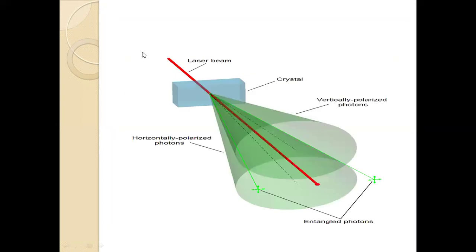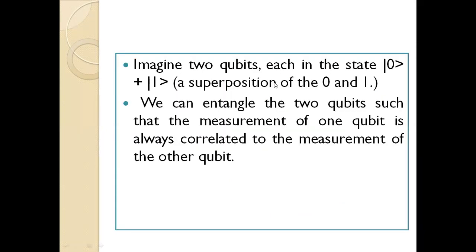So look at this picture. You can easily see the laser beam, crystal, vertically polarized photons, and horizontally polarized photons, and these are entangled photons because they are associated, although they are spatially separated. Imagine two qubits, each in the state of a superposition of quantum 0 and quantum 1.